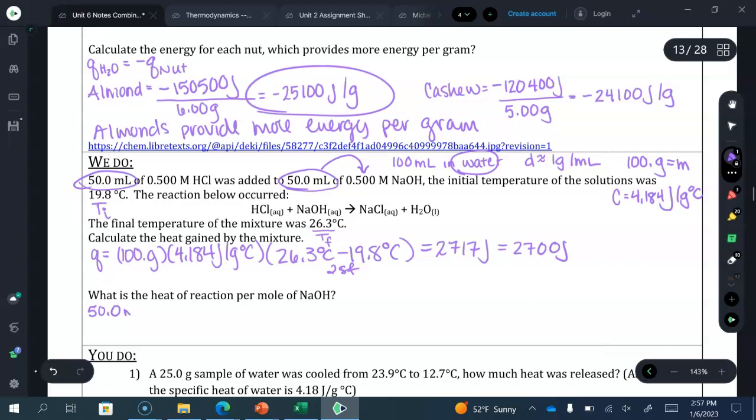So we're starting with our volume. We know that molarity is moles over 1 liter. So we change first milliliters to liters, and then liters we can change to moles of sodium hydroxide.